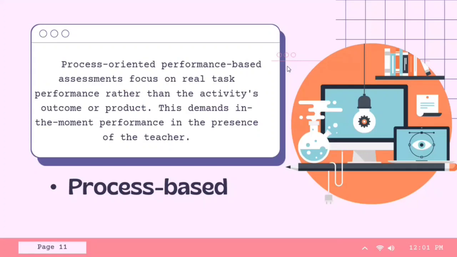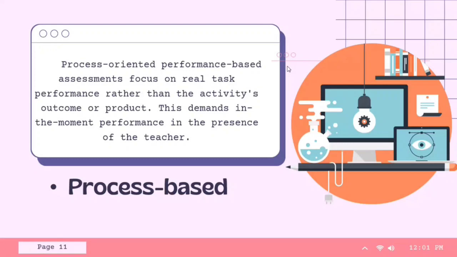Process-based or process-oriented performance-based assessment focuses on the real task or the progress within the performance rather than the product itself. It focuses on the skills enhancement of the student during the activity. The presence of the teacher in this type of assessment is crucial for them to monitor and guide the students as they are performing the certain activity given to them.